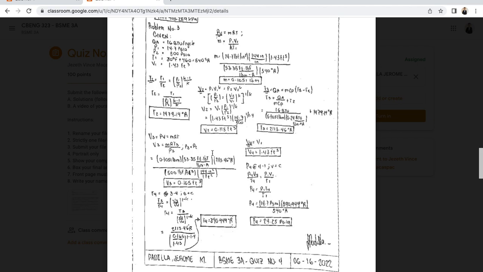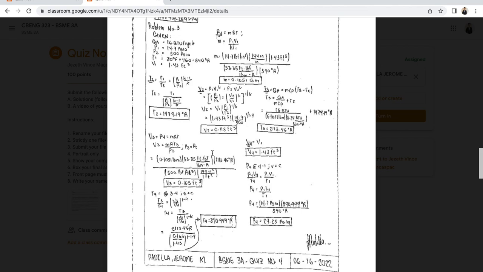For the T3, the formula for the T3 is QA equals m Cp multiplied by T3 minus T2, or yung pinaka-formula na gagamitin is QA over m Cp plus T2. So, for the QA, 16 BTU. For the mass, 0.1051 pound mass.